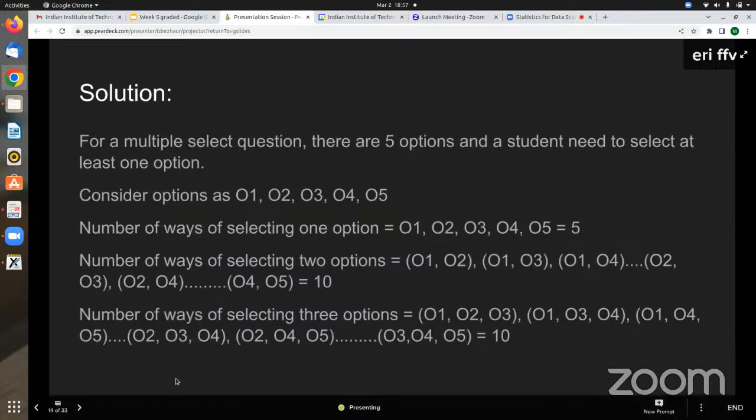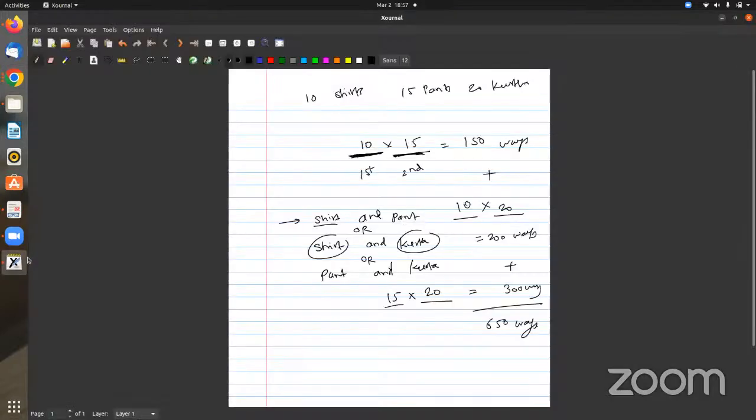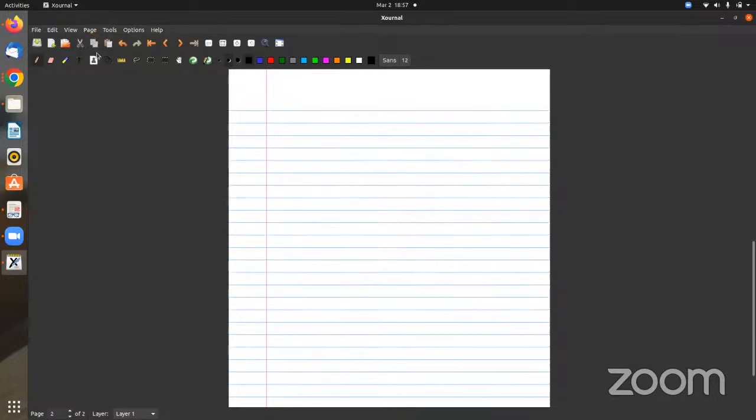Let's try to find out in some simpler way. Let's say there are 5 options. The student can select one option, 2 options, 3 options, 4 options, or 5 options.